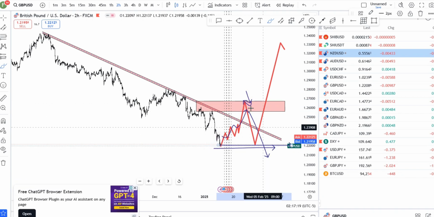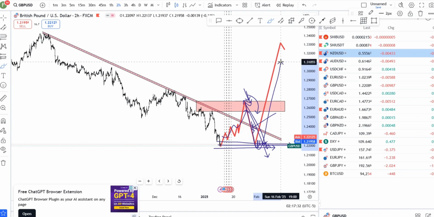Whenever the price breaks out of this bearish trend line and this supply zone, I will wait for the price to move toward demand, where I will look for a buy opportunity on GBPUSD.